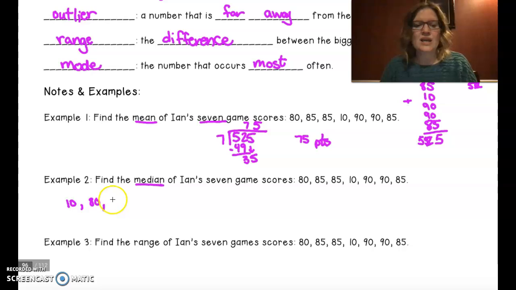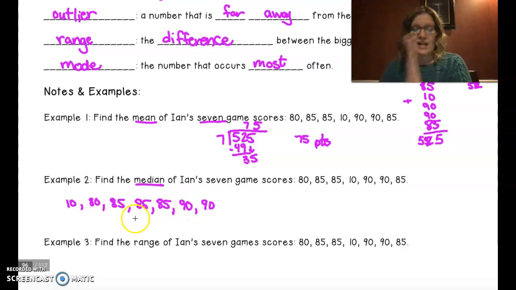And he has 3 85s. This seems to be fairly consistent. 3 85s, and then he had 2 games where he scored 90 and 90. So we have all of these numbers arranged.